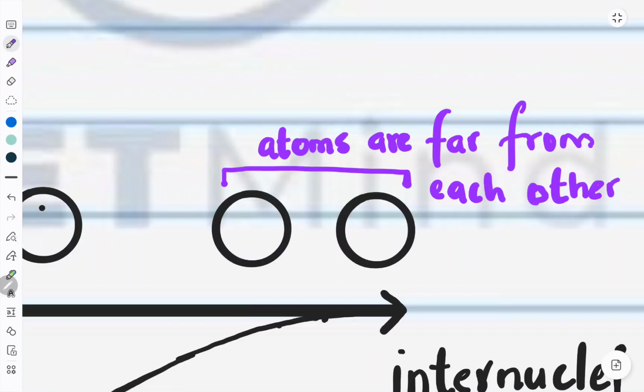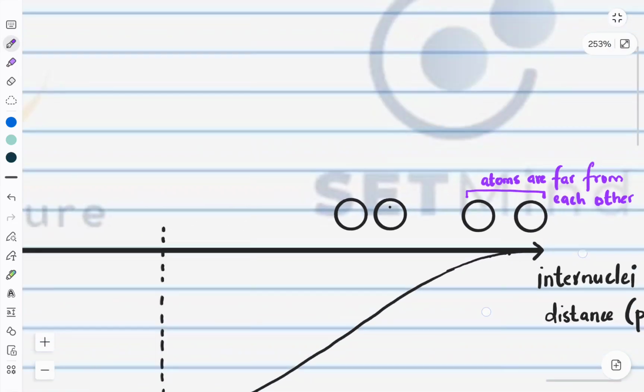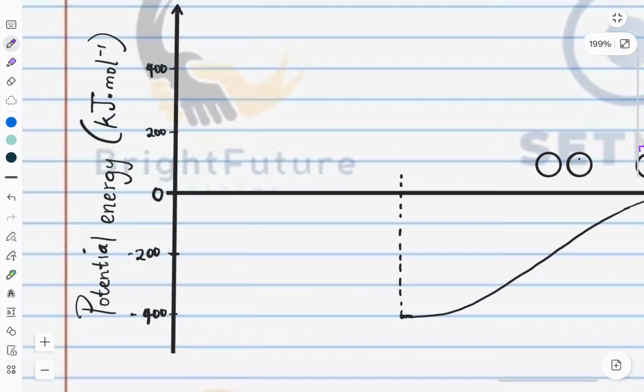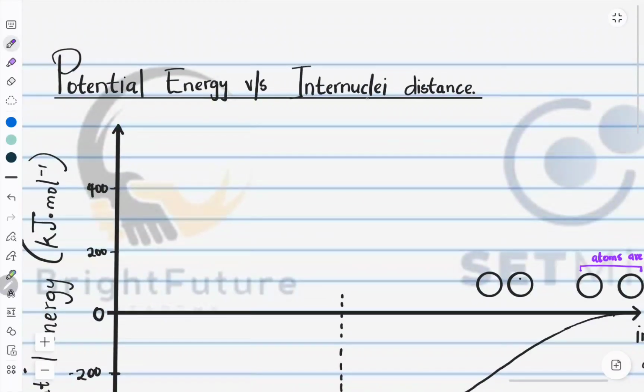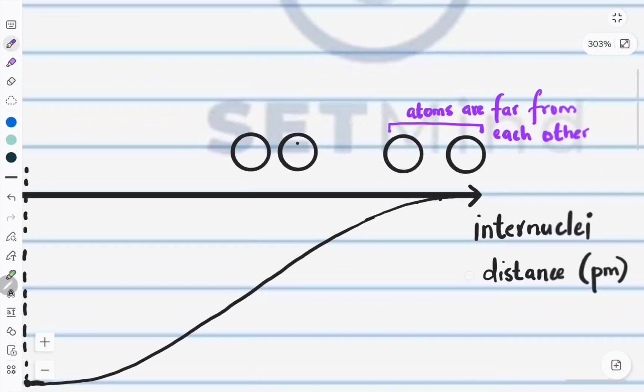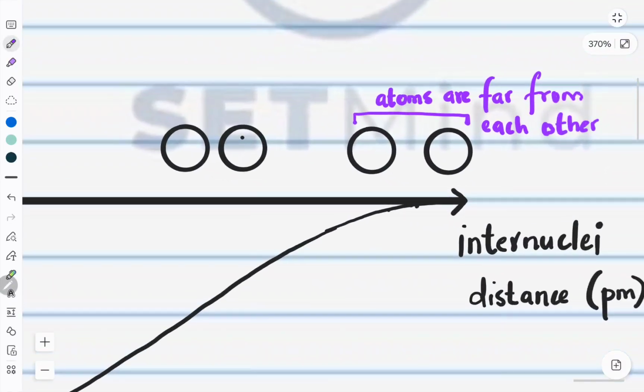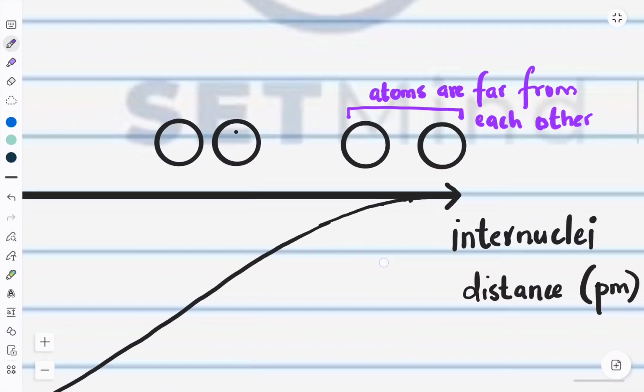In other words, the internuclear distance is greater at this point. Remember, this curve is that of potential energy versus the internuclear distance. So when they are far from each other, the distance between their centers is larger at that point, or the internuclear distance is larger.